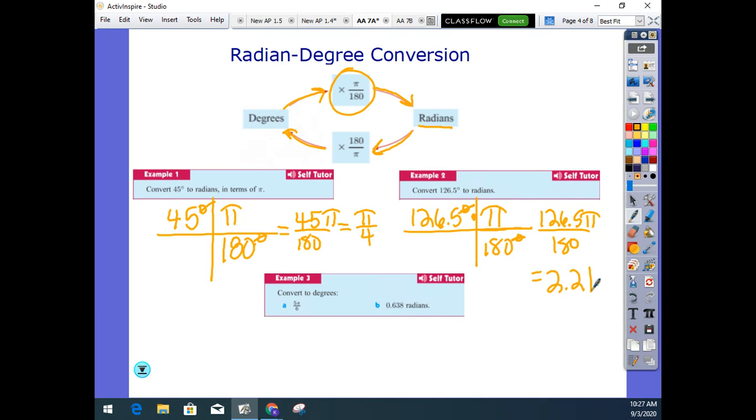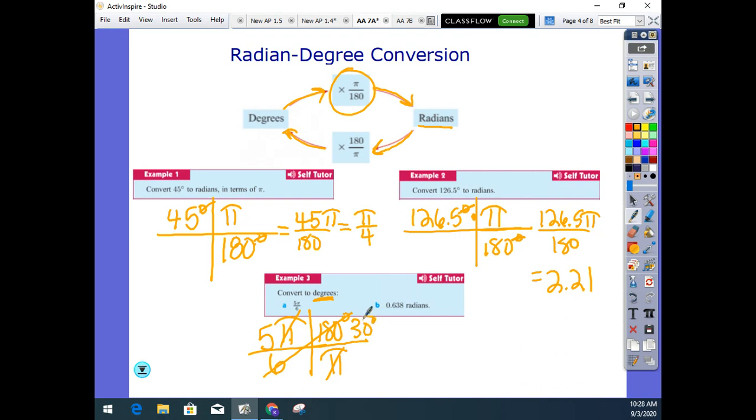Then to go backwards, we already have a fraction built with 5 pi over 6, so just extend your fraction bar, create a crossbar. Since pi is on the top, we're going into degrees, that's why degrees needs to be on top. This will be our unit left. When the pi is in it, it's real easy because it just cancels. I always see that 6 goes into 180.